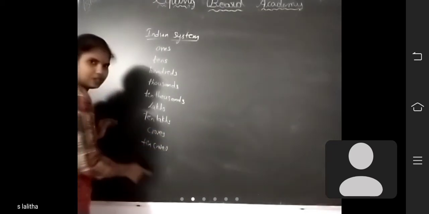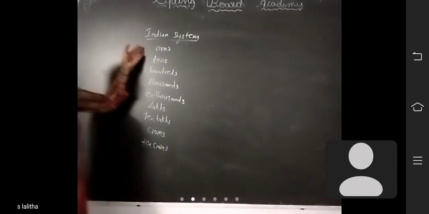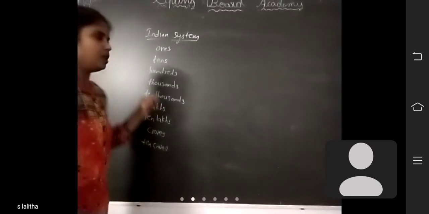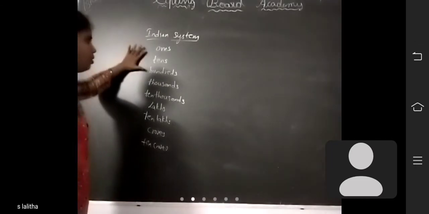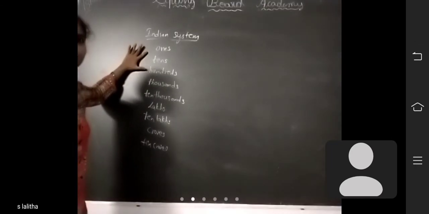After that 100 crores, 1000 crores. So these are the place values in the Indian system. For convenience, we have to put commas.